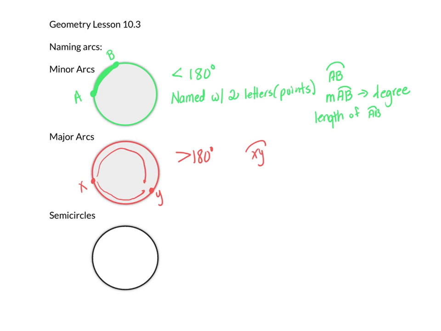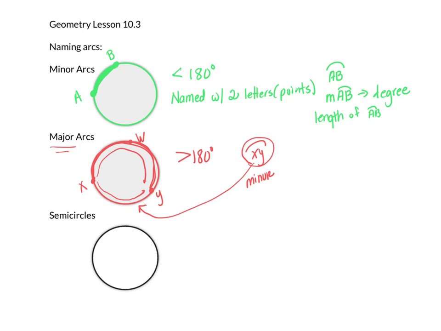So if I'm talking about the major arc, the big one, I have to have another point in between the two end points that's guiding my direction to determine what this major arc is. So let's just put a W in there. Now as I look at this, arc XY has to be this little arc because only minor arcs have two letters.